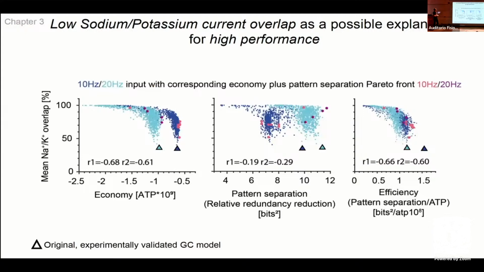Interestingly, these purple and pinkish data points are the models that constitute the Pareto front, and they cover the whole cloud, so they could show low or high current overlap. But the original model shows very low overlap, the lowest of them all, actually.